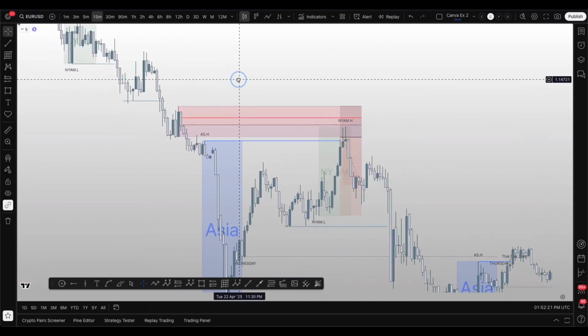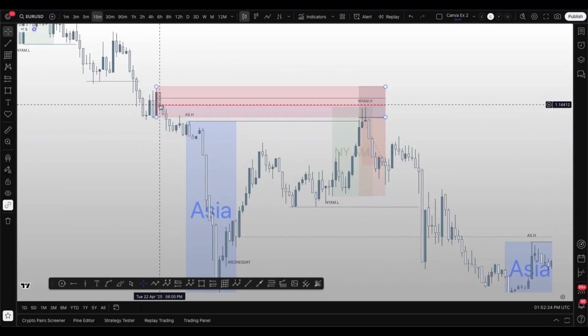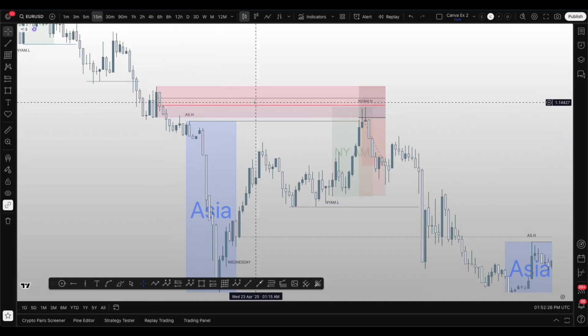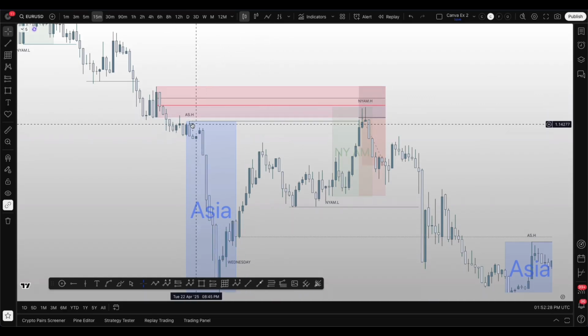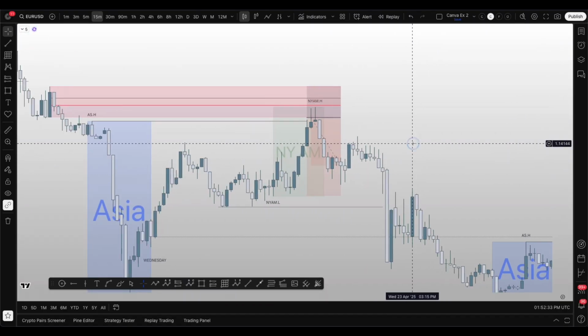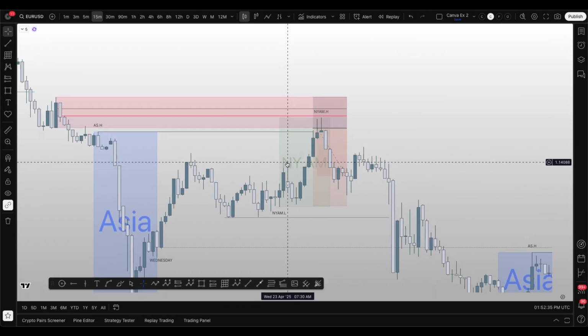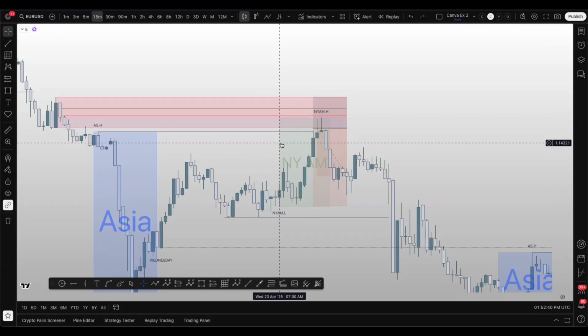Now, what do we have over here? We have an order block here, or a supply zone, resting right above the Asia highs. So what does price do? I wait for my trading window, which is the kill zone. And this is actually part of my strategy that I already have a video on. It's part of my supply and demand series, so check that out. What did I wait for?